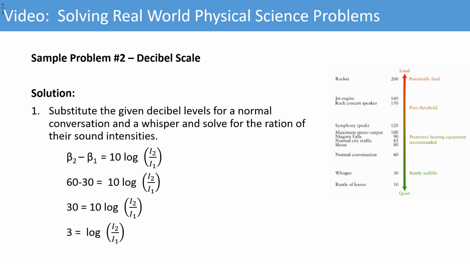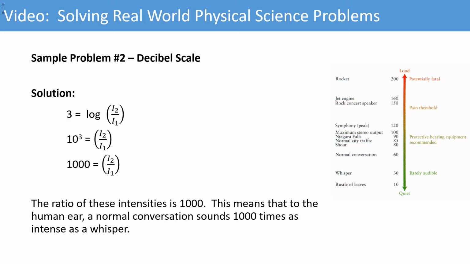So 3 is equal to the log, by moving the 10, dividing it into 30, of intensity 2 divided by intensity 1. Three then is equal to log of I2 divided by I1.